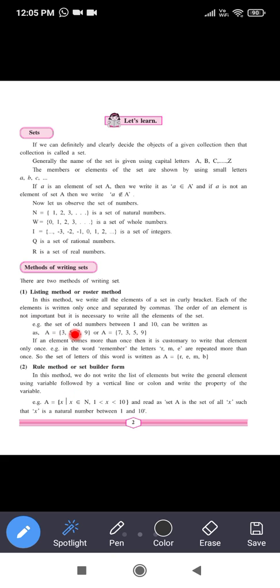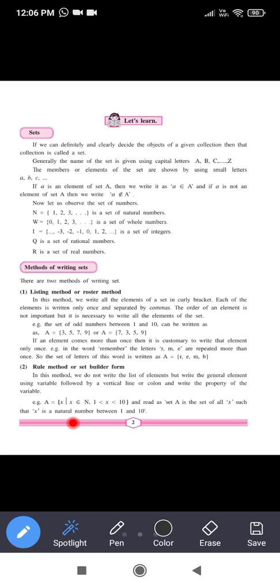Here it is written in the listing method and here in the rule method, and it is read as set A is the set of all x such that x is a natural number between 1 and 10.